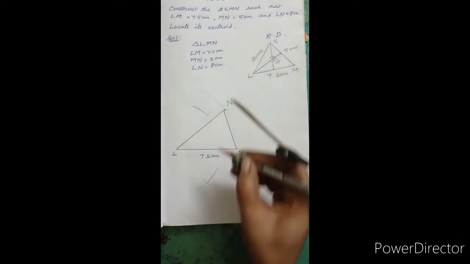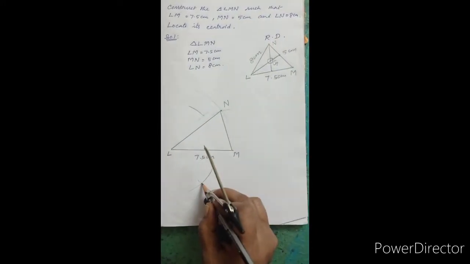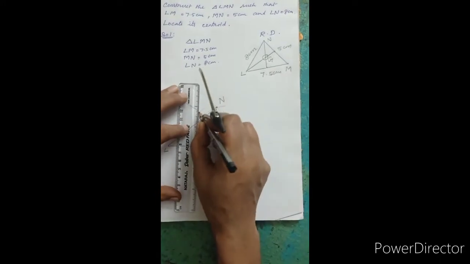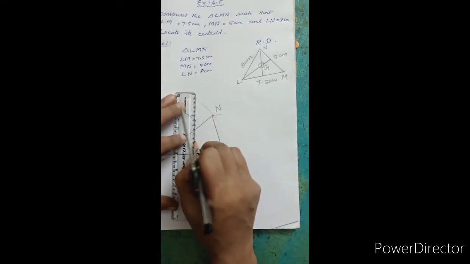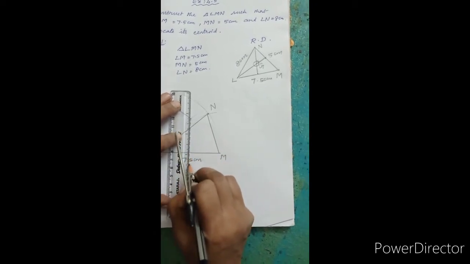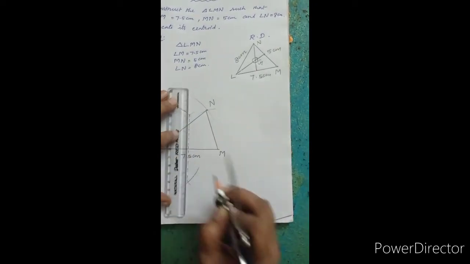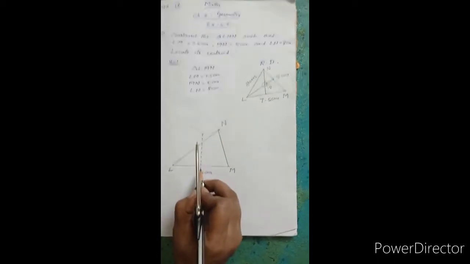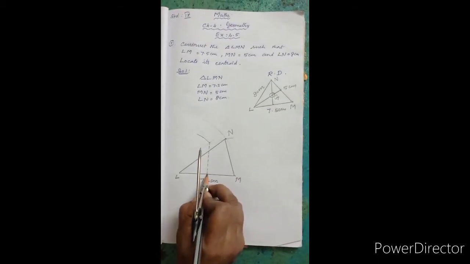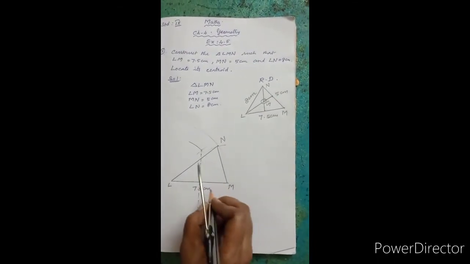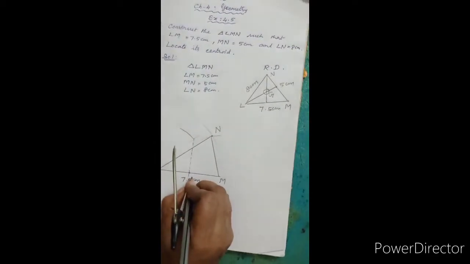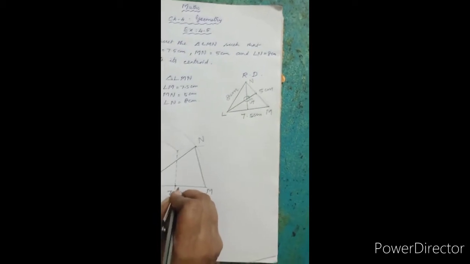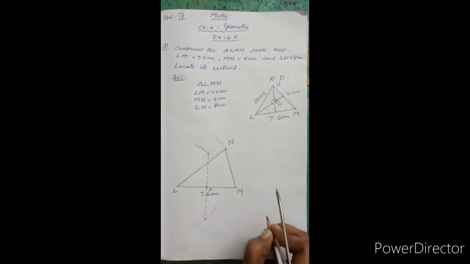Now join these intersecting points by dotted line. So this one is midpoint of LM. That is P.